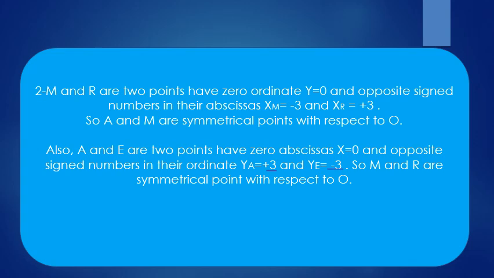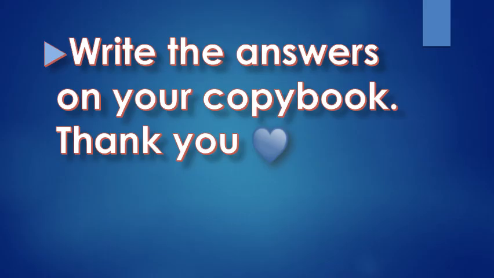So A and E are symmetrical points with respect to O. That means that O is the midpoint of AE. Therefore, as a conclusion, the origin O is a midpoint of AE and also a midpoint of MR. Please write the answers on your copybook and thank you for your attention.